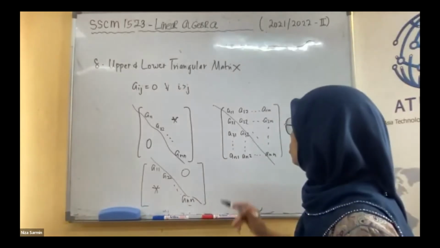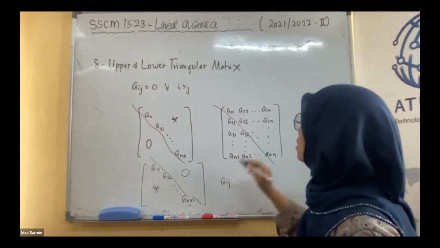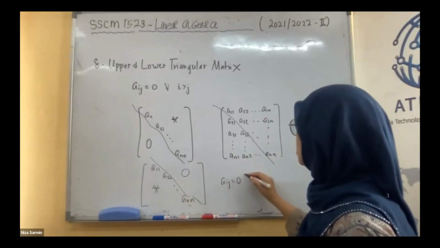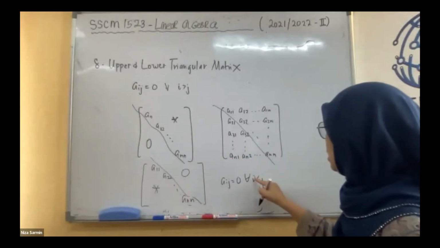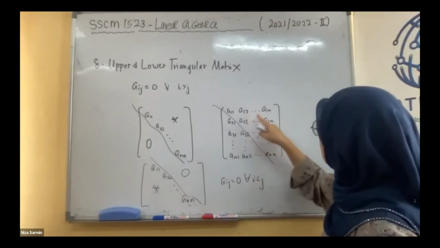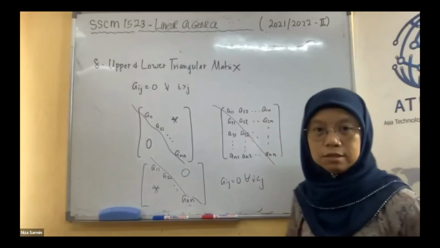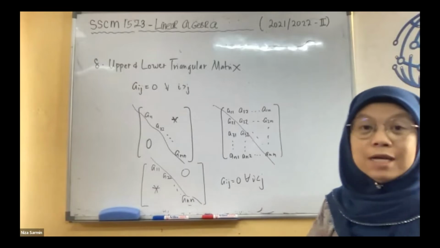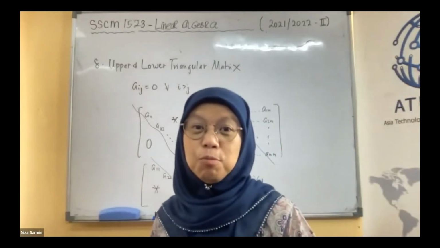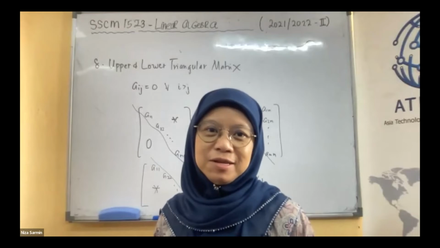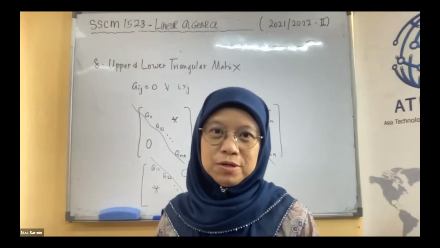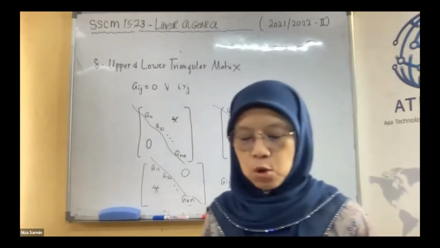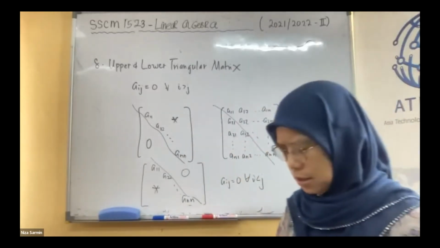So for the lower triangular matrix, for i less than j, that is what it means. A diagonal matrix is both, right? Because when it's bigger, when it's smaller, it's 0, when i is not j.